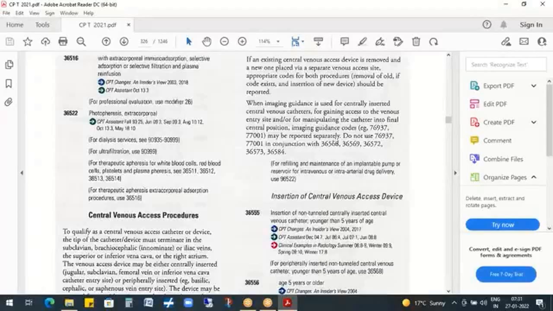Next one. Peripherally inserted means the tip of the catheter is in the basilic, cephalic, and saphenous vein.